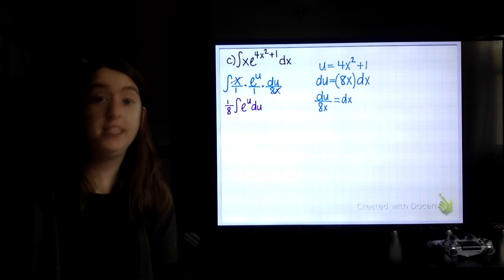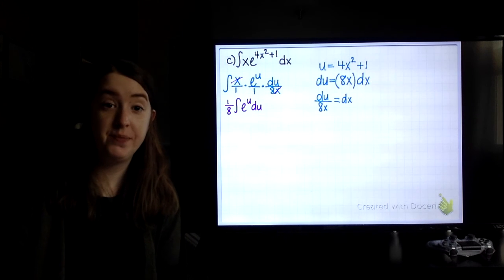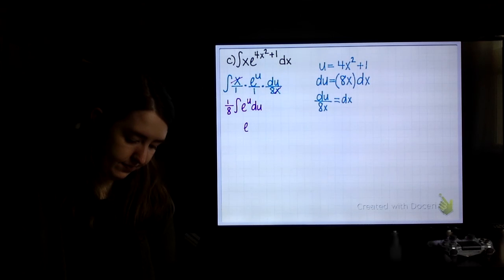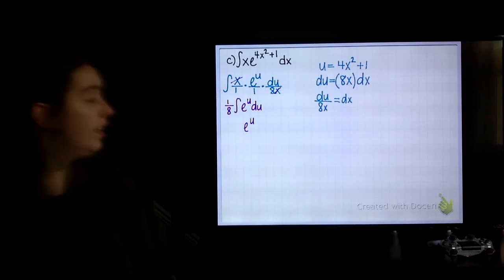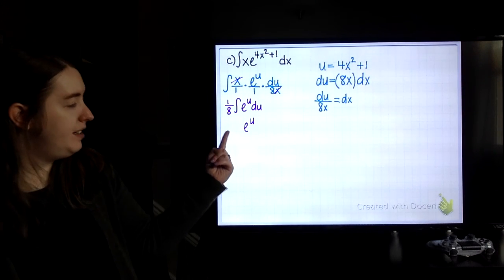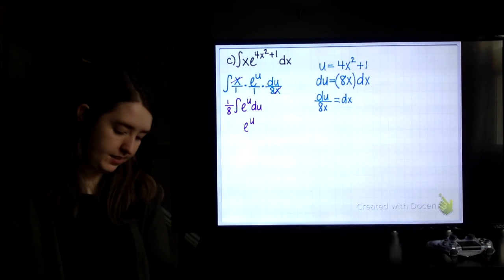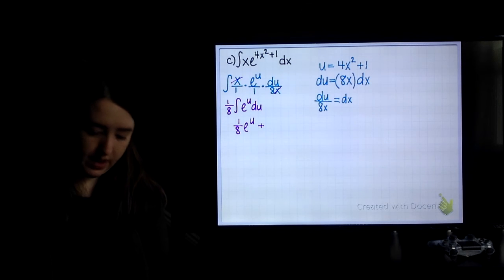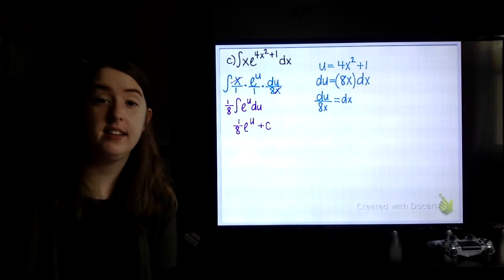So, what's the integral of e to the u? The integral of e to the u is e to the u. The constant that was being multiplied still comes over and multiplies. So, 1/8. And then we'll have a plus c at the end.